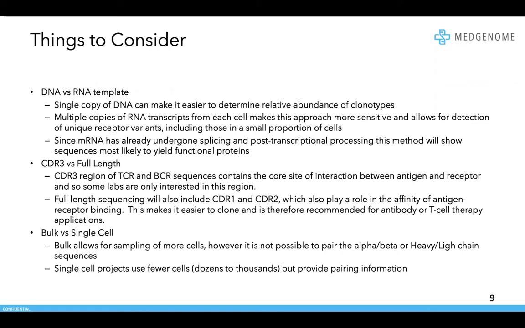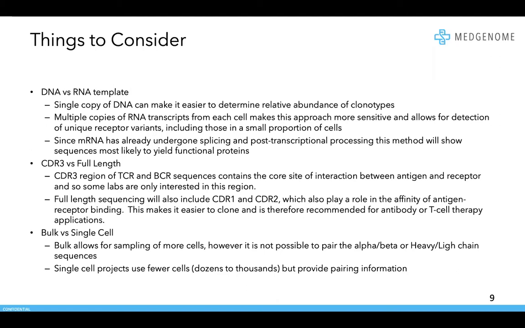Using DNA, of course, like I said, can make it easier to quantify. DNA is incredibly stable. DNA allows for different types of input sources, so you can use FFPE and get pretty decent results.